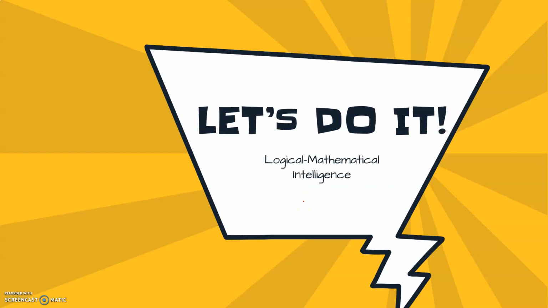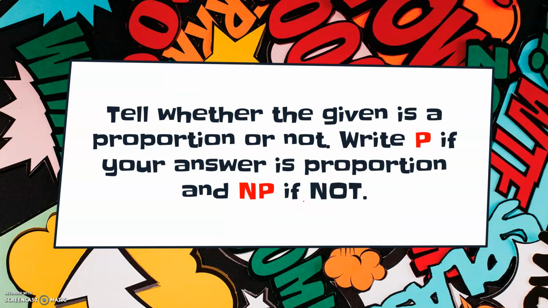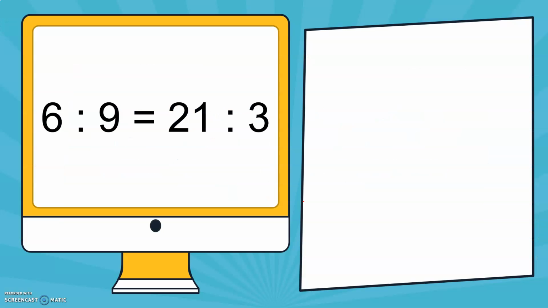Now let's have some more examples. Tell whether the given is a proportion or not. Write P if your answer is proportion and NP if not. For us to check if this given is a proportion, again, we will just use the concept we learned, which states that the product of the extremes is equal to the product of the means.